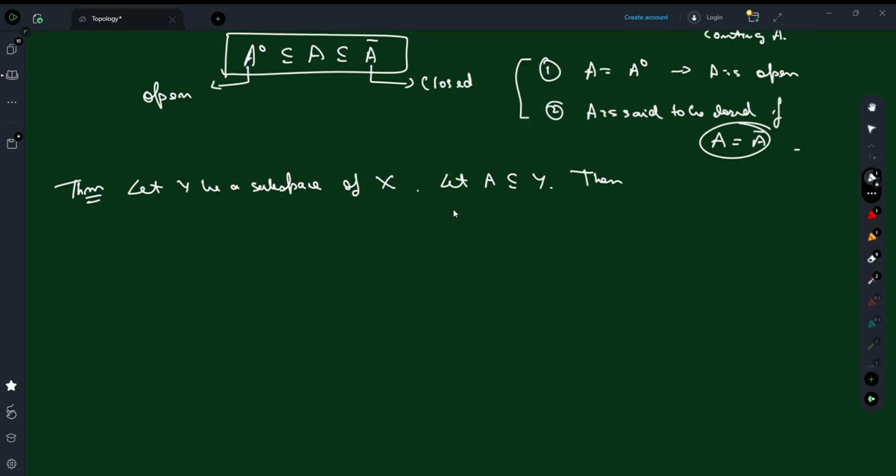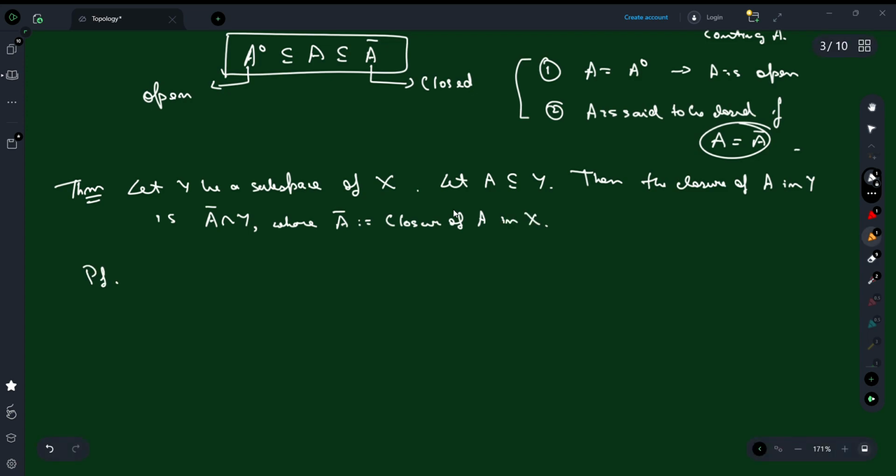Then the closure of A in Y is the closure intersection Y, where A bar is the closure of A in X. Okay.